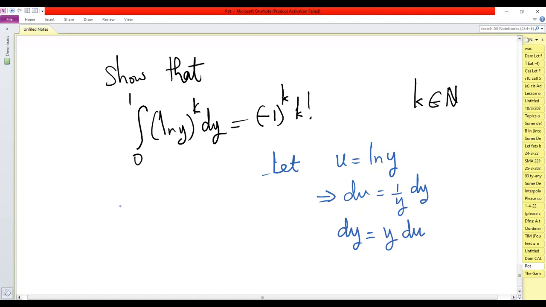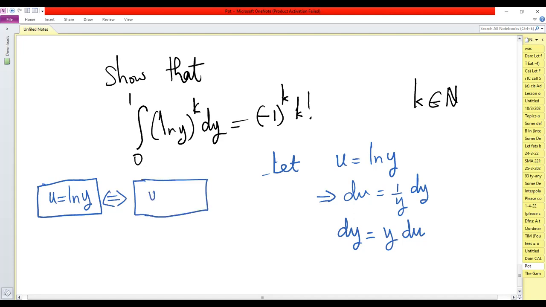And then remember, if we say u equals ln of y, this is in logarithm form, then this statement has the same meaning as y equals e raised to the power u. Remember conversion from logarithm form into index form. So this will be the same as e raised to the power u du.